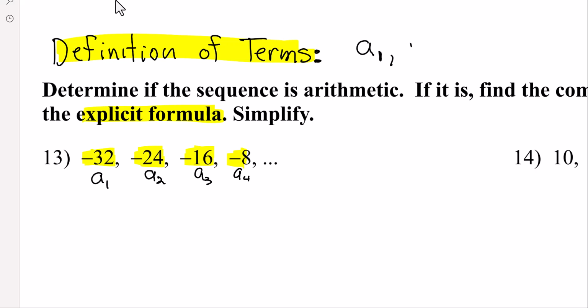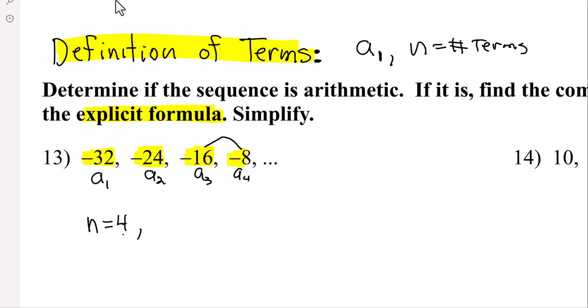Now, the n is the number of terms. So in this case, if we just stopped right there with those four numbers, the n would equal 4.